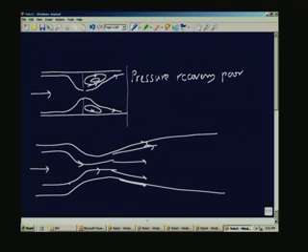The flow is not going to have this kind of flow separation and formation of a vortex there, and therefore the pressure recovery is much better. So, we will say better pressure recovery.